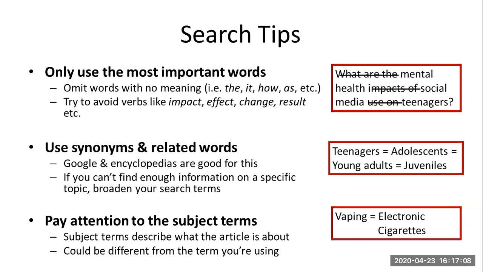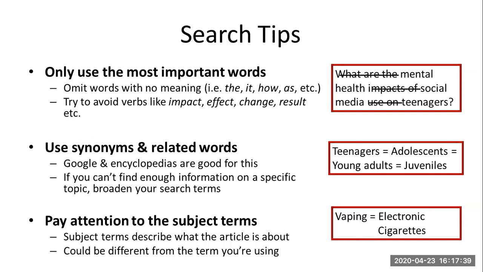But actually in the database, they've determined that electronic cigarettes is the best way to describe any smokeless cigarette device, which is essentially what a vaporizing device is. So if you search electronic cigarettes in the database, you should get every article that talks about vaping, whether or not it actually uses that term, because all of those articles should have been tagged with the subject term electronic cigarettes.